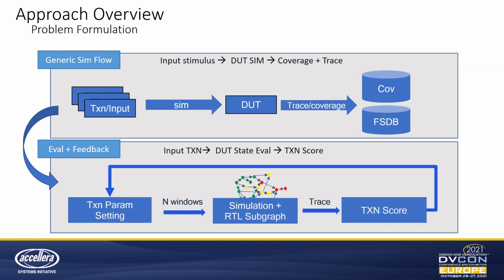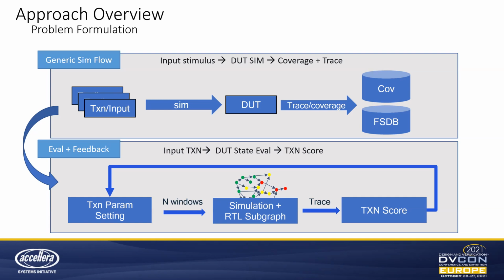The input stimulus is simulated for a specific period of simulation time. After simulation, this can be evaluated as to its contribution to coverage, which is aided by the description of RTL structure, which is represented here in the middle by our graph. And this graph is descriptive of the RTL structure and therefore of DUT behavior.